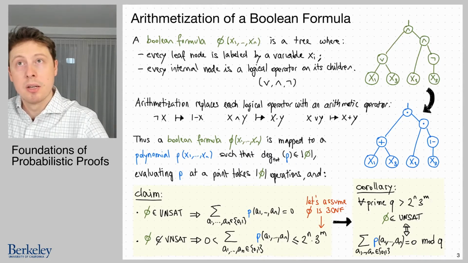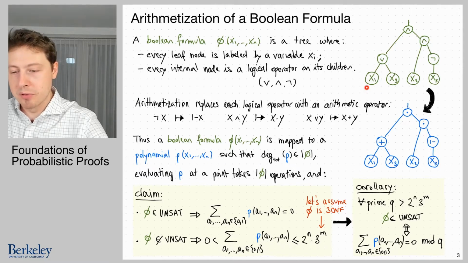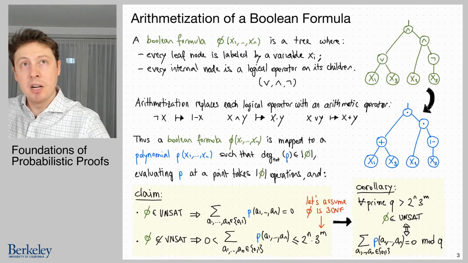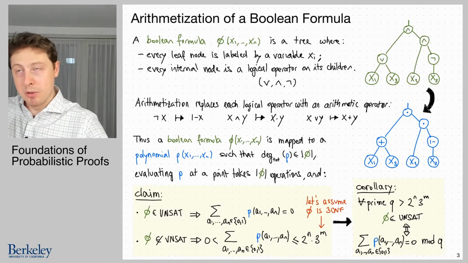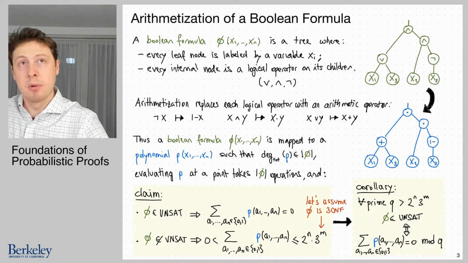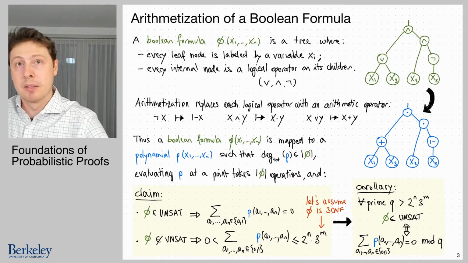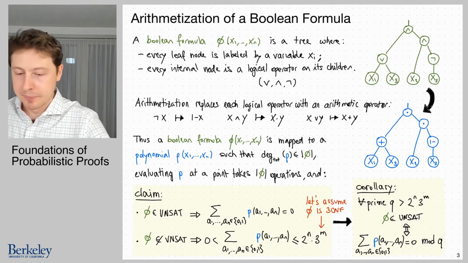So it still goes up, even though the depth doesn't go up by 1. You have to sum the contributions from the left and the right because there's an AND. So every time you have an AND that joins two trees, you get the sum of their degrees because you're multiplying everything. Right. Okay. Yeah.